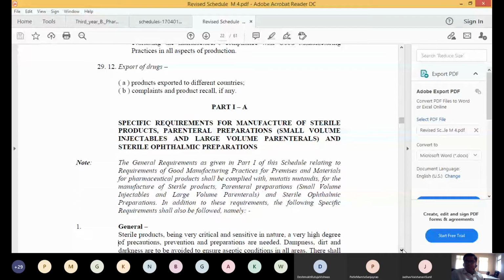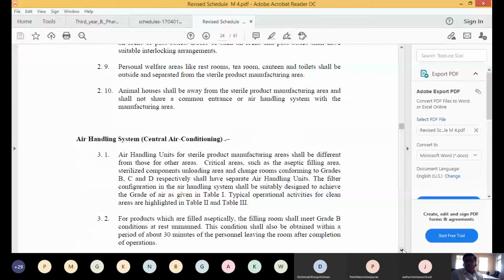In these parenterals, specifically an air handling system should be there, central air conditioning should be there. How the air handling system works is very important. If you visit our microbiological lab, there is a proper air handling system, and how to prepare the formulation for that parenteral or injectable. You might have gone through that practical, or in final year that practical will be there in pharmaceutics especially.